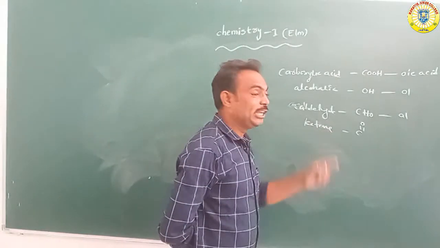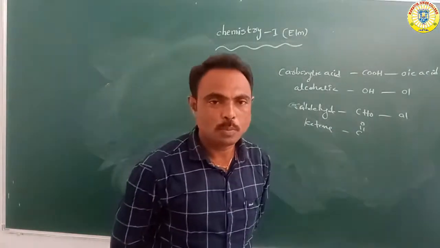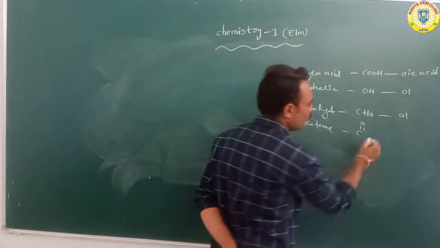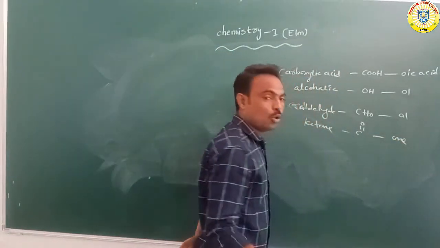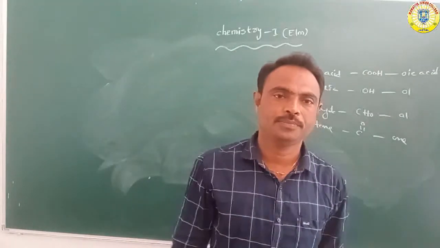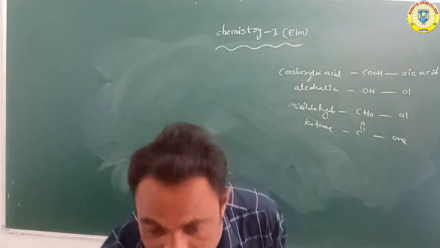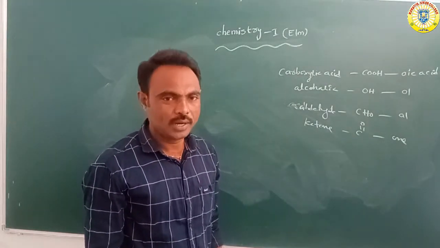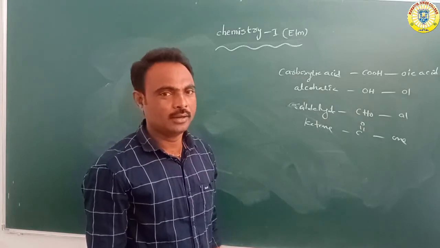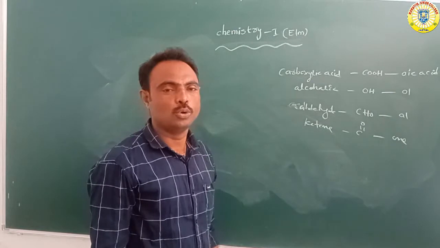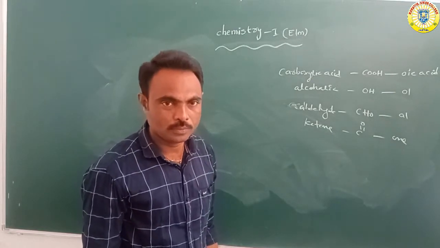Next, ketone: C double bond O means ketone, so we write the word "one", O-N-E. So carboxylic acid is "oic", alcohol is "ol", aldehyde is "al", and ketone is "one".